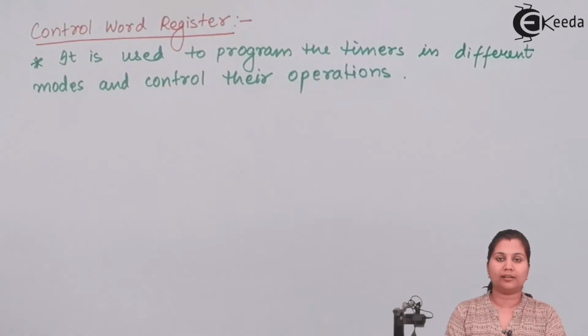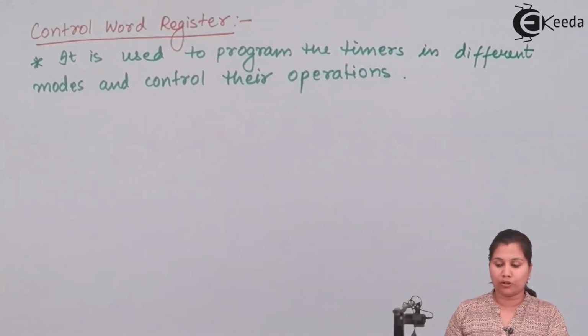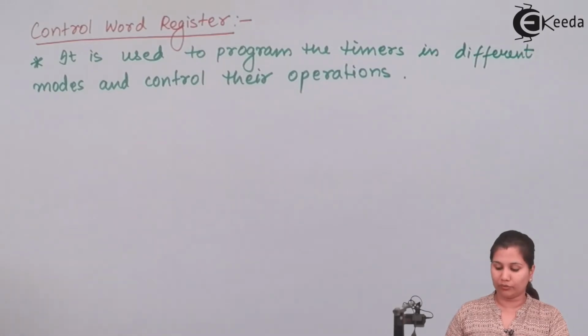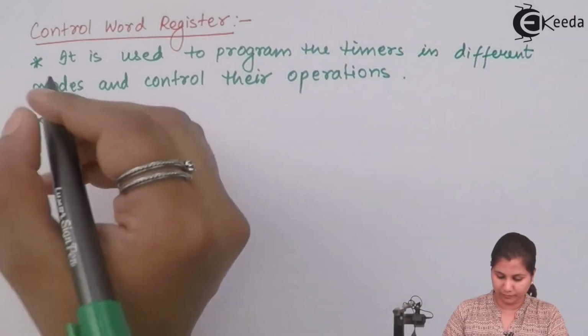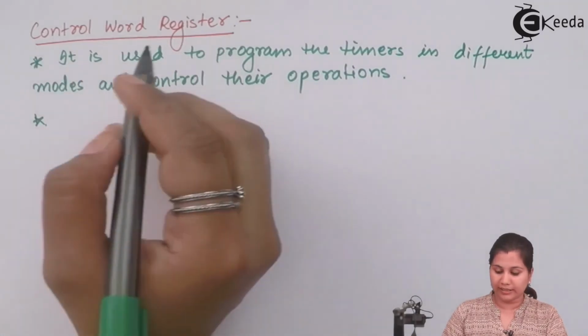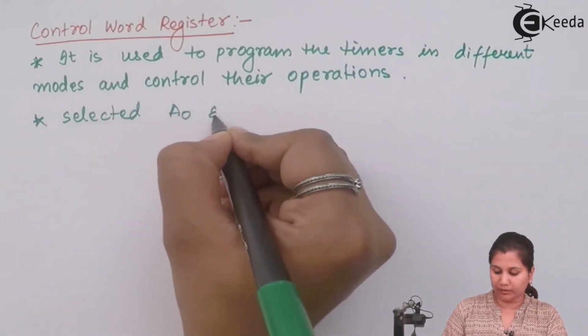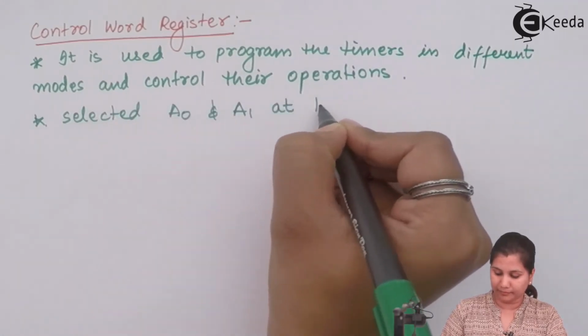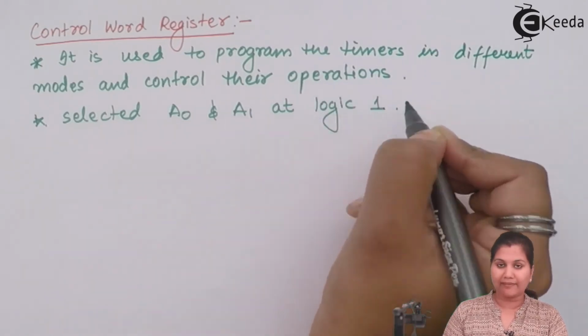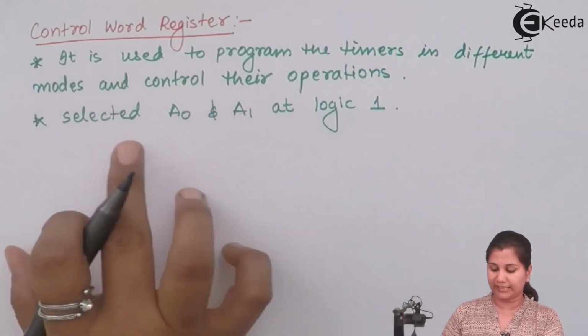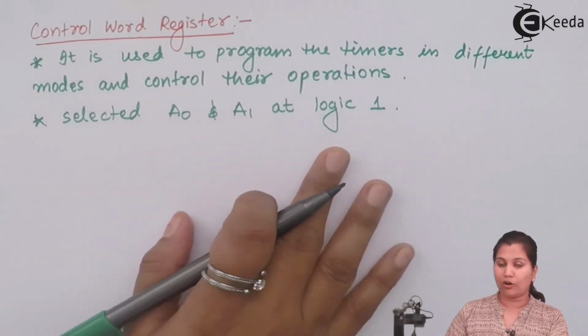As we know, the 8253 has 6 modes, so any of the timers can be programmed in any of the 6 modes. These modes are decided by the control word register, and the modes control the operations of the 3 timers. This control word register is selected when the A0 and A1 lines are at logic 1. We have seen in the table that the control register is selected when A0 and A1 are at logic 1.